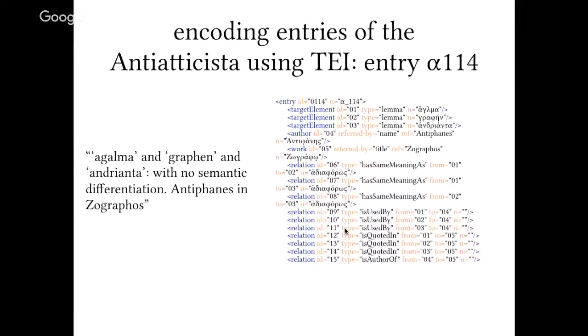In this case, since the fact that has the same meaning as can be found explicitly stated in this adiaphoros, adiaphoros is also annotated in the relation element. What follows is simply the relations between authors and works.